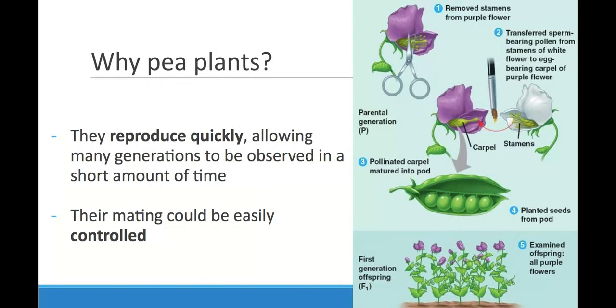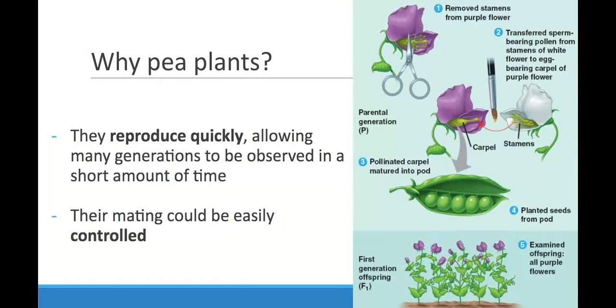Pea plants were an ideal plant for Mendel to study because they reproduce really fast. So he could look at a bunch of generations in a very short amount of time. And it's very easy to control which peas mate with which others. So basically what he did is he used a paintbrush, and he would take pollen from one plant and dust it on the other.